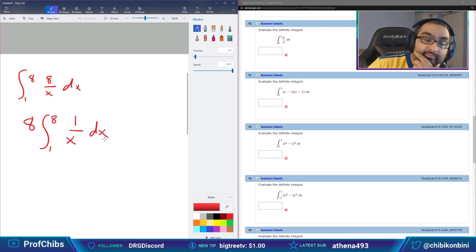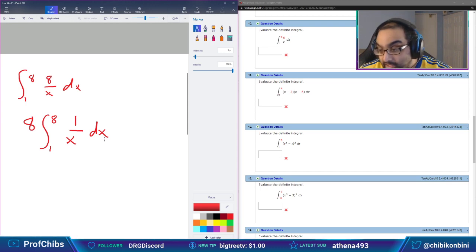Anybody remember? What is the integral of 1 over x? What is the integral of 1 over x again?